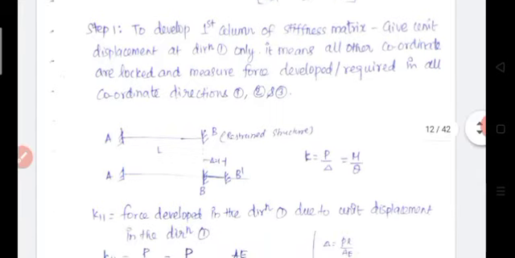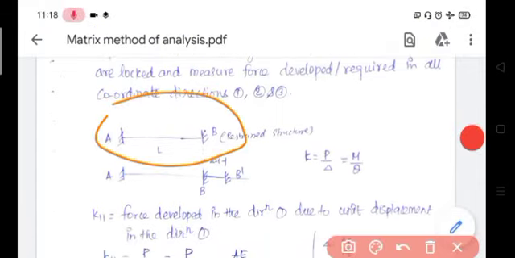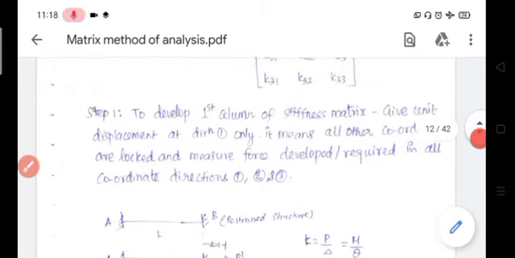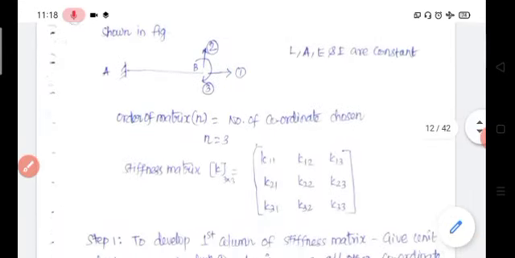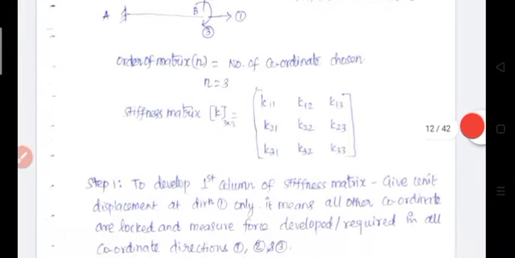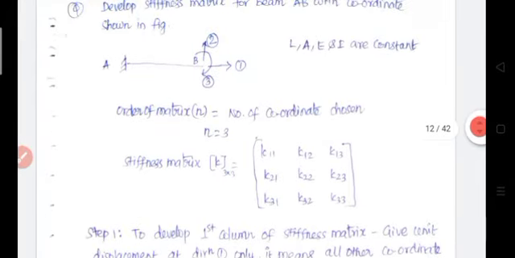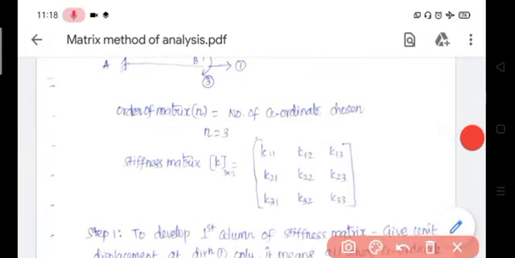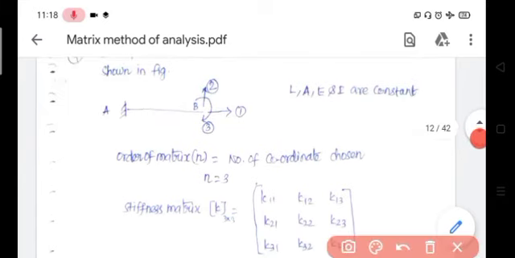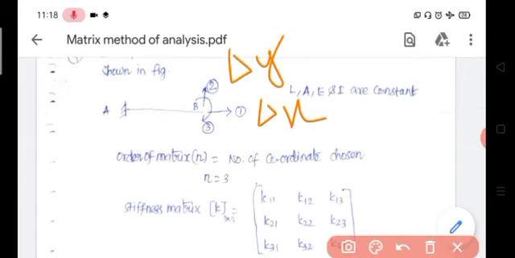First and foremost, we have to lock the structure. The given beam is a cantilever, with one end fixed and the other end having 3 coordinate directions. The first coordinate represents displacement along the x direction, delta x, the second is displacement along the y direction, and the third is rotation about the z direction.